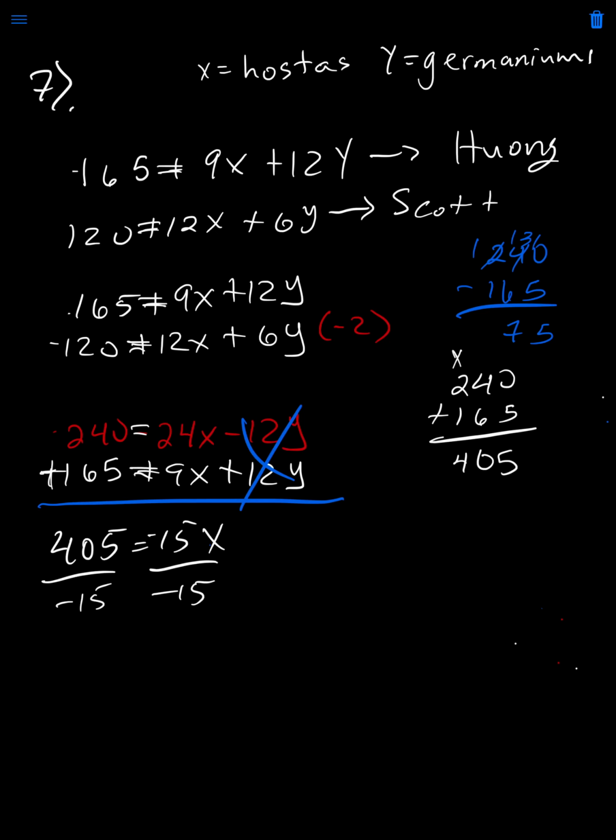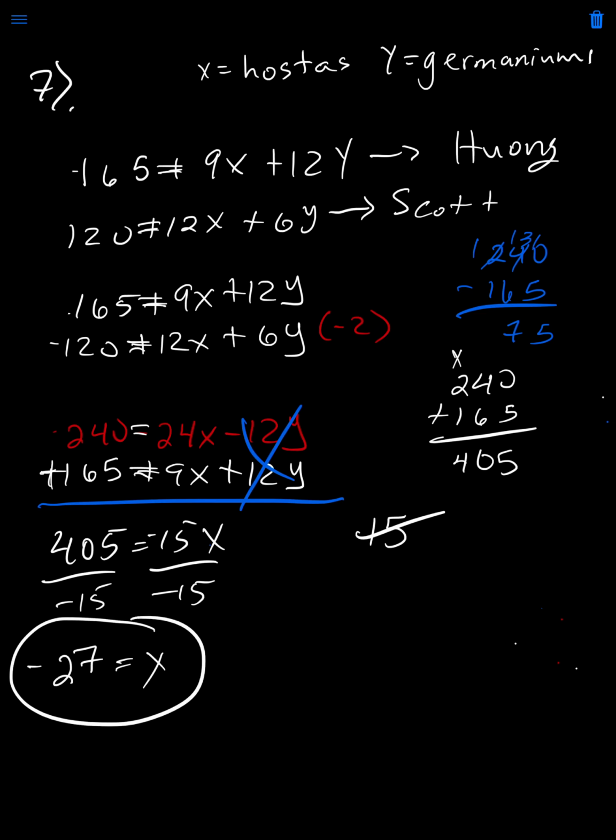If I divide both sides by negative 15, I'll use my calculator. I don't have time for this. 27. So negative 27 is equal to x.